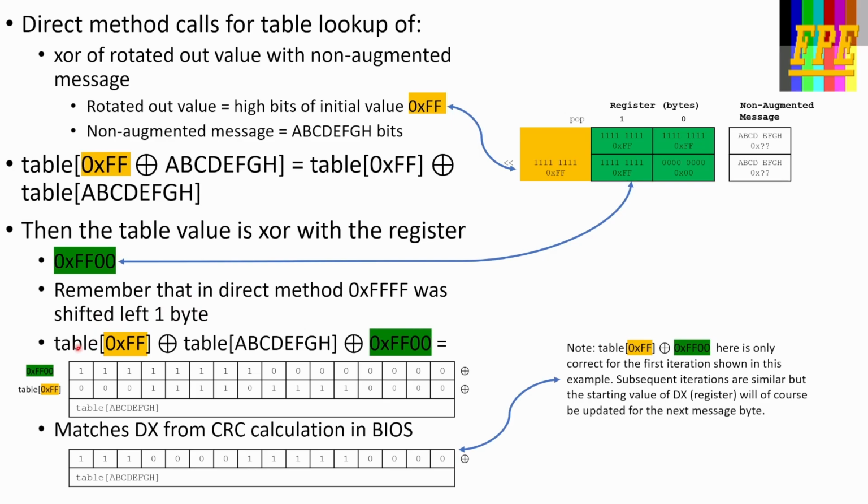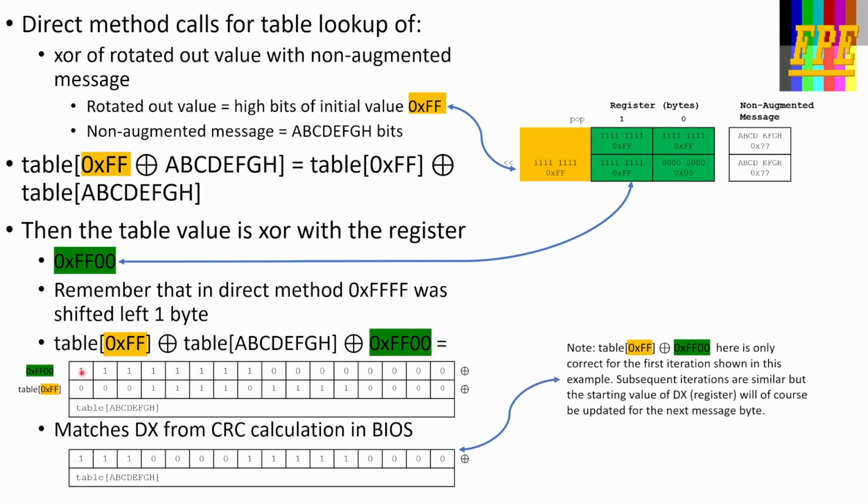So in the end, what that means is you're doing the table entry at index FF, exclusive ORed with the table entry at ABCDEFGH, exclusive ORed with the register after the shift, which is 0xFF00.